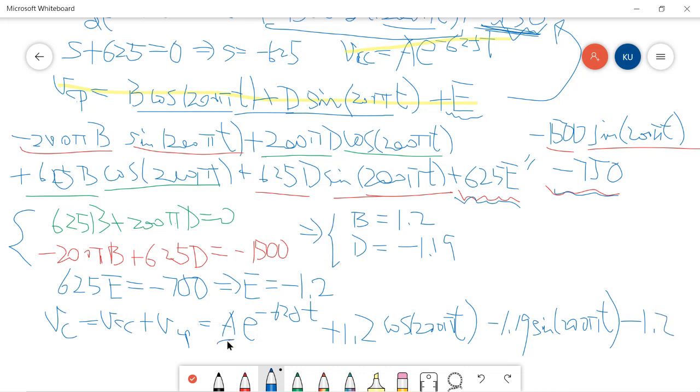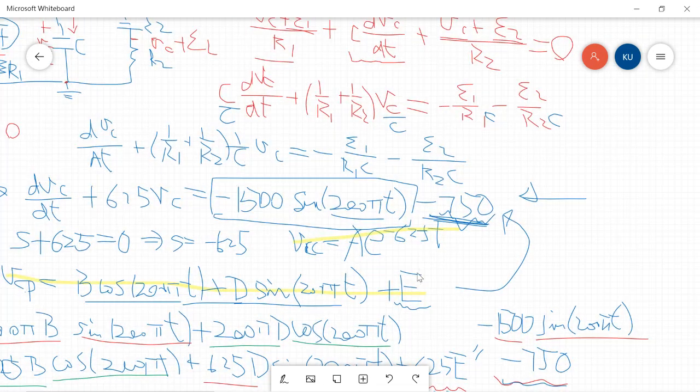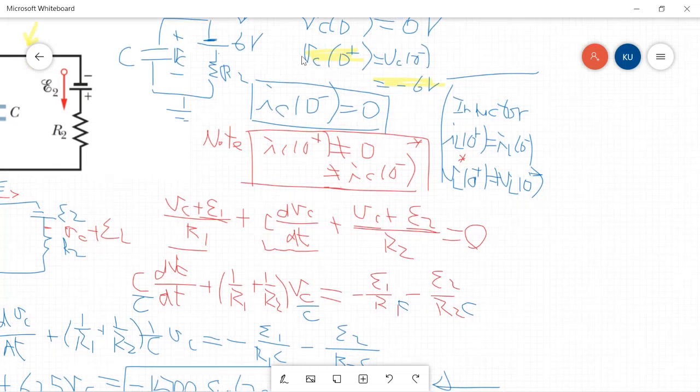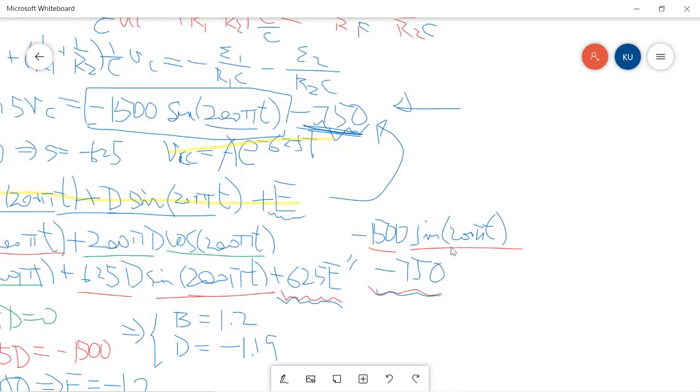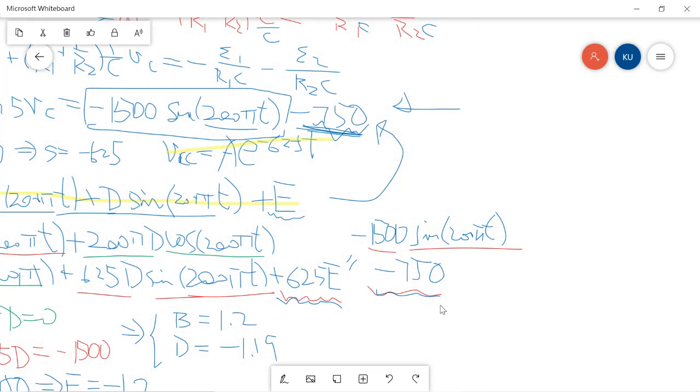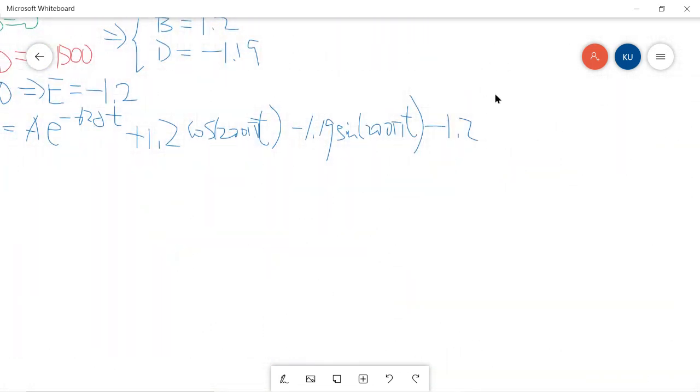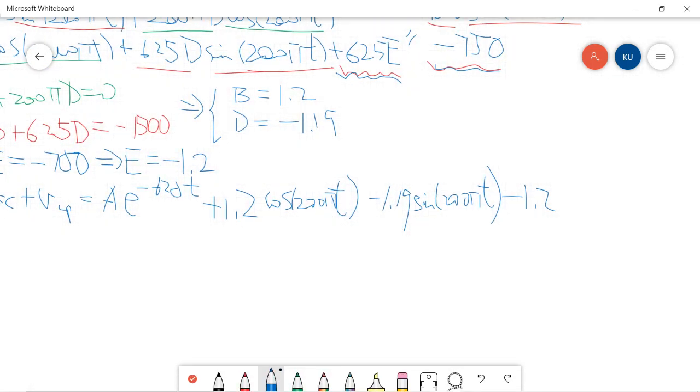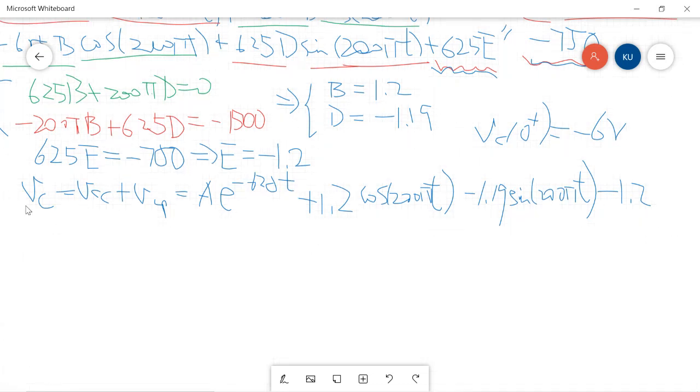Finally, we need to determine what A is. And hopefully you still remember that we got VC0 plus is minus 6 volts. So we can substitute t equals 0 into this expression.